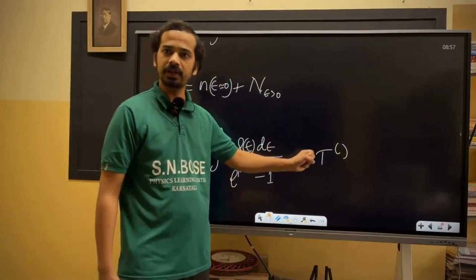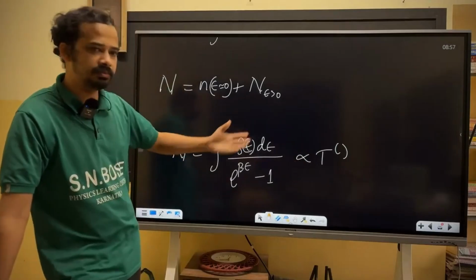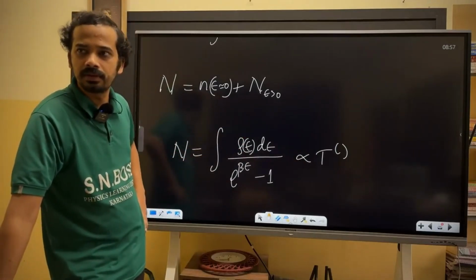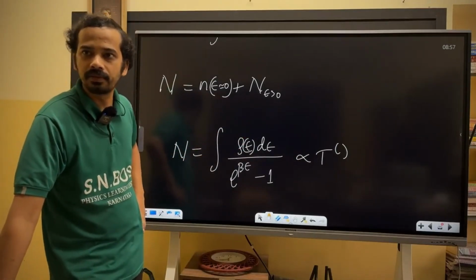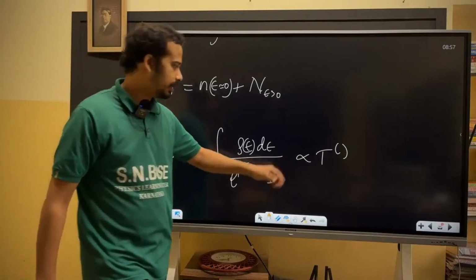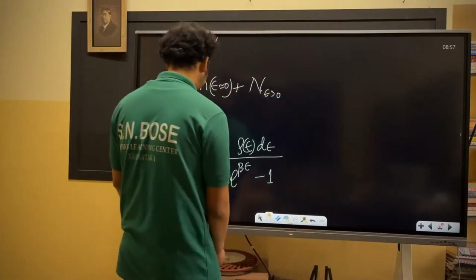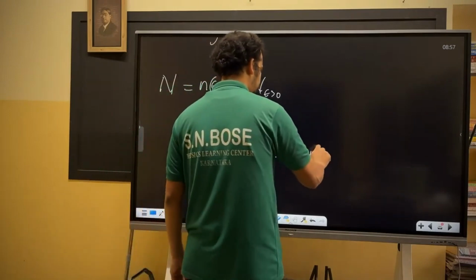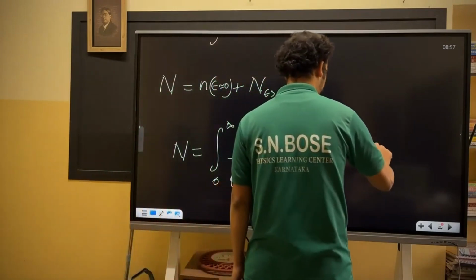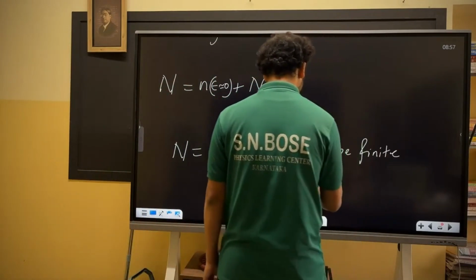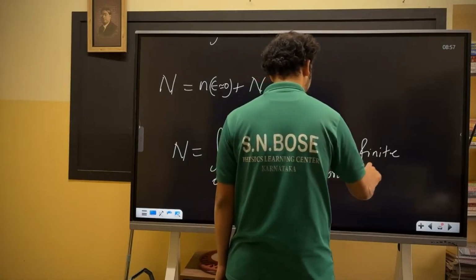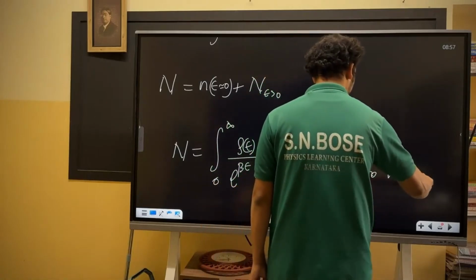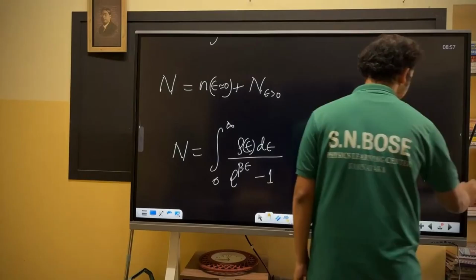That means if you decrease the temperature, the total number of particles must be fixed, am I right? That kind of question was coming actually. This integral from 0 to infinity must be finite in order to have Bose-Einstein condensation.